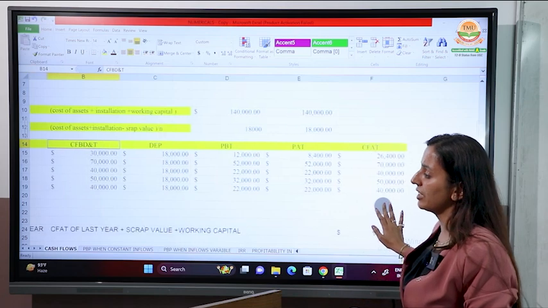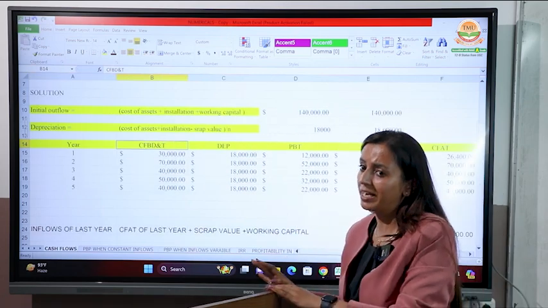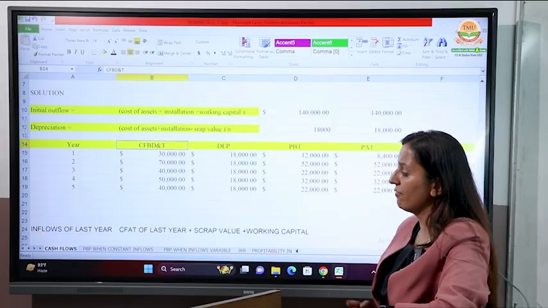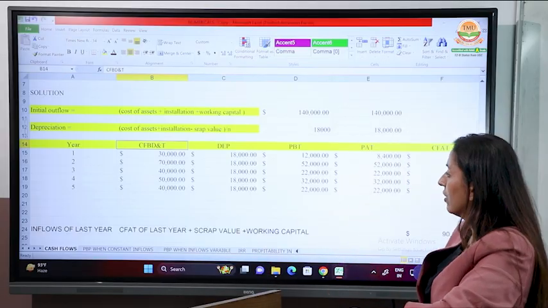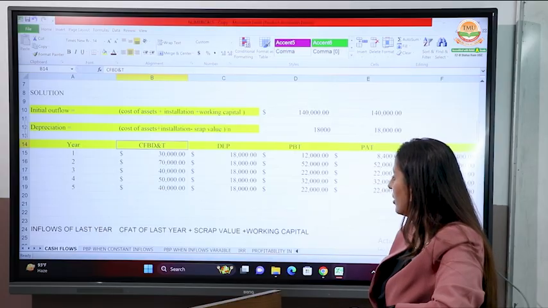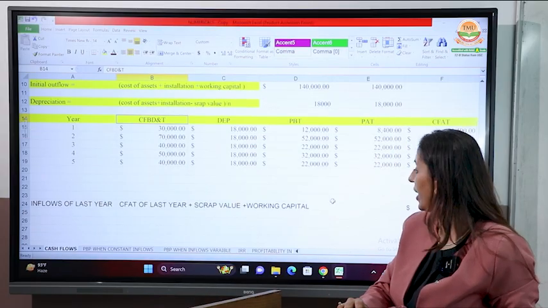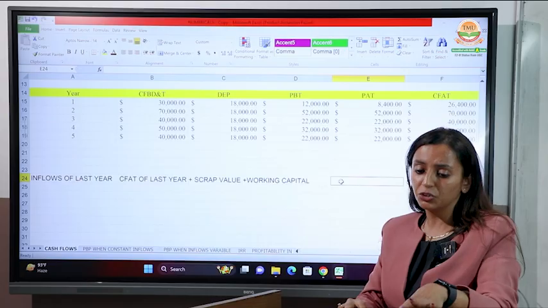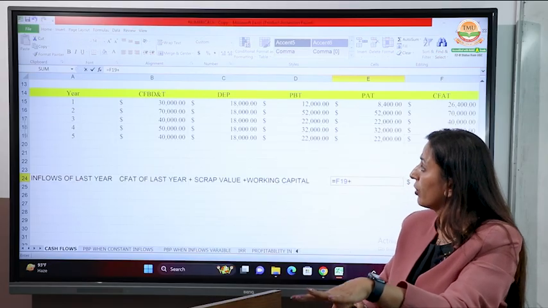But for the last year's inflows, when we calculate the last year item, whatever scrap value we have and the working capital, we have to add on that value, right? So for that we have to calculate it this way. Equals take the last year value plus your scrap value.